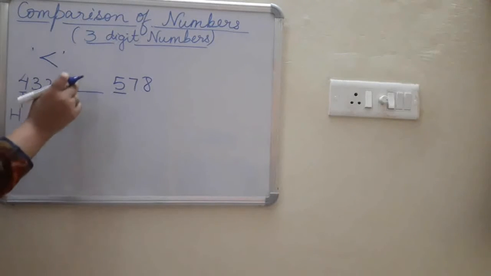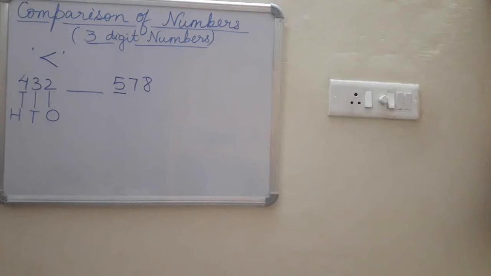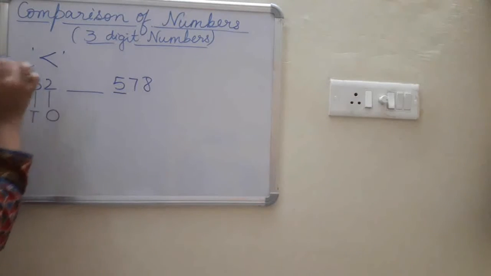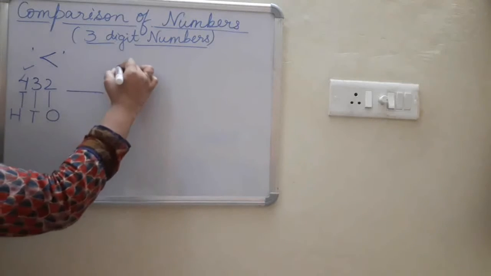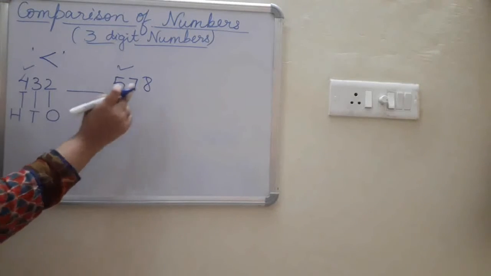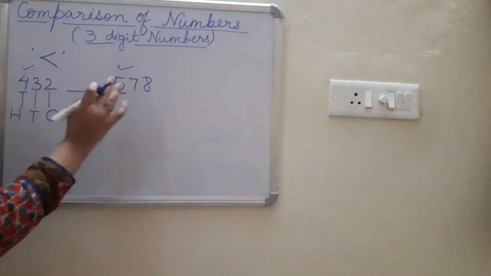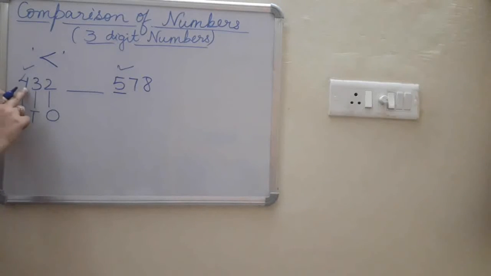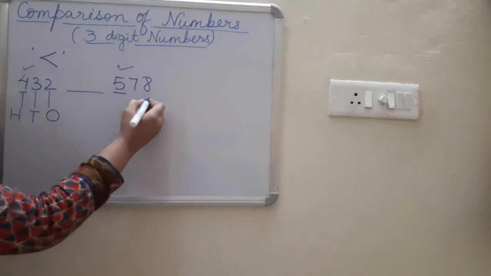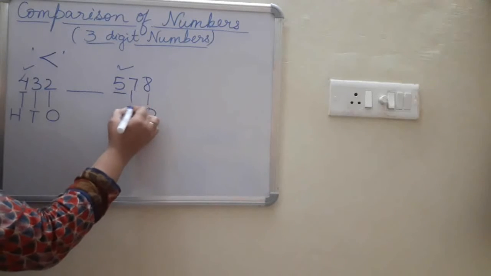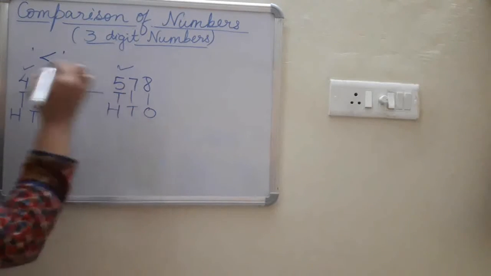So whenever we have to compare two numbers, first of all we look at the hundreds place, in both the numbers. Here also you can write this is ones, this is tens and this is 100.